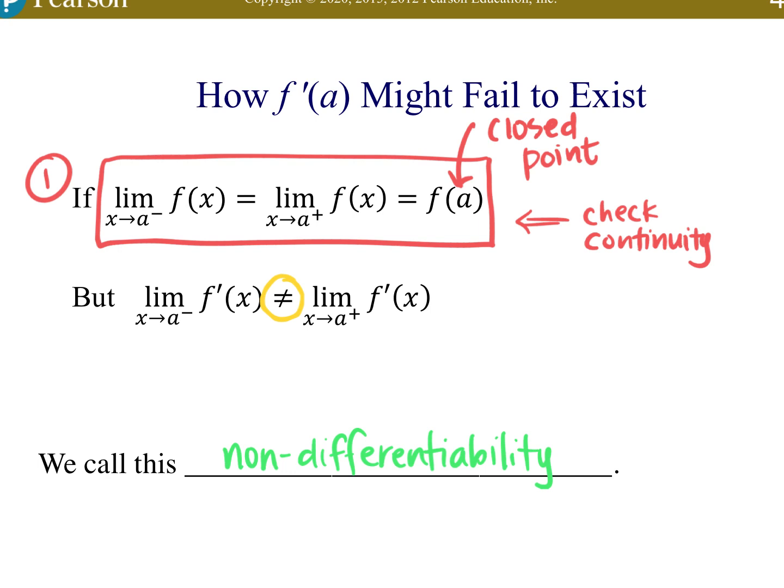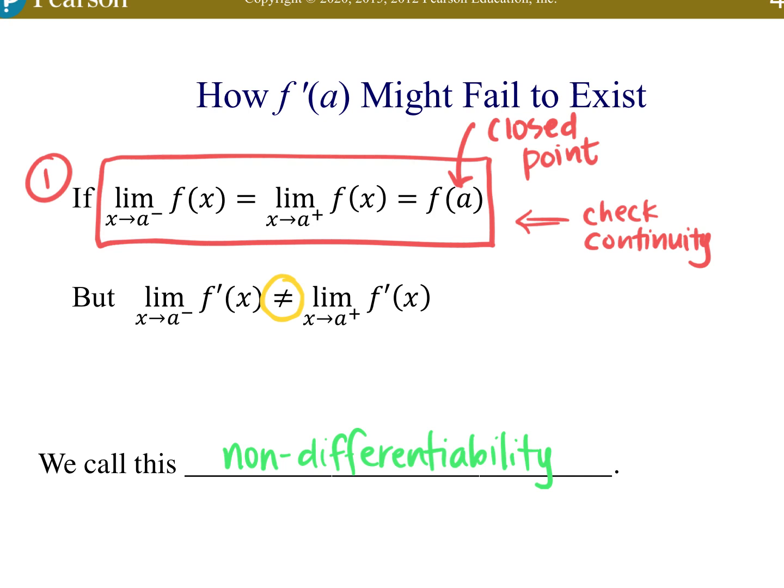Just like we have non-continuity, we have non-differentiability as well. So even though you might have continuity, it doesn't guarantee differentiability. You have to check. If you have continuity first, you might have differentiability. If you don't have continuity in the first place, you will never have differentiability. Continuity is the most important part.